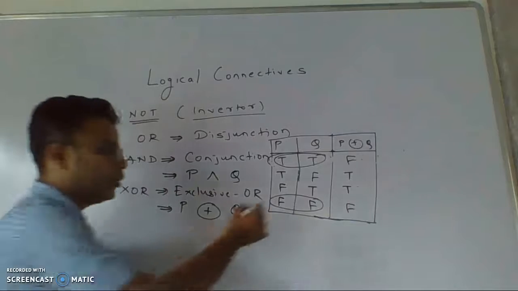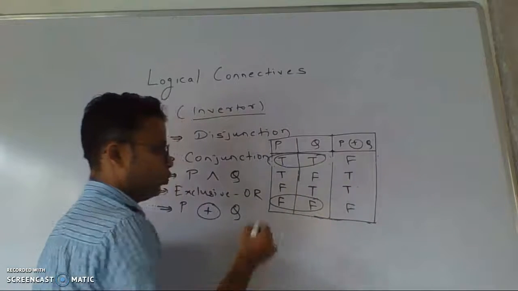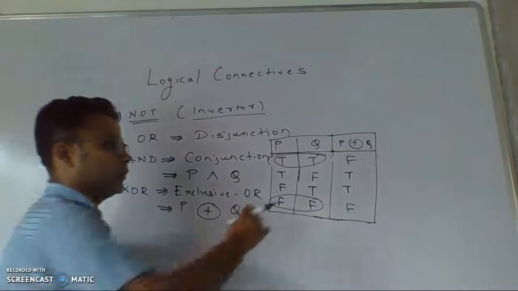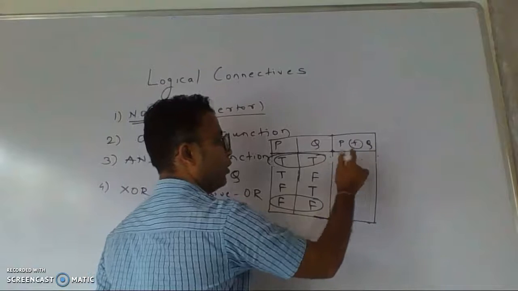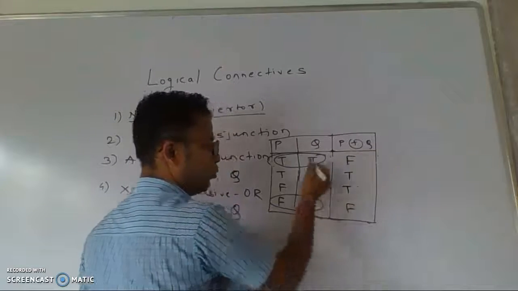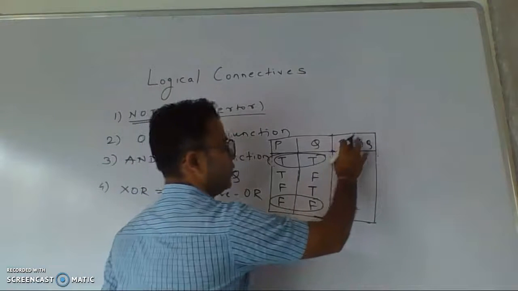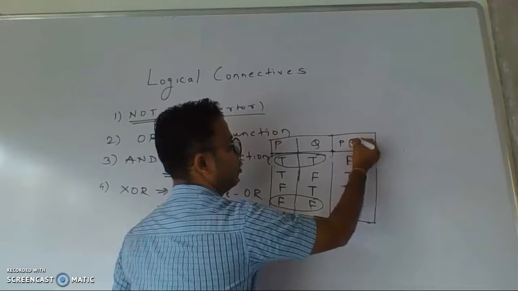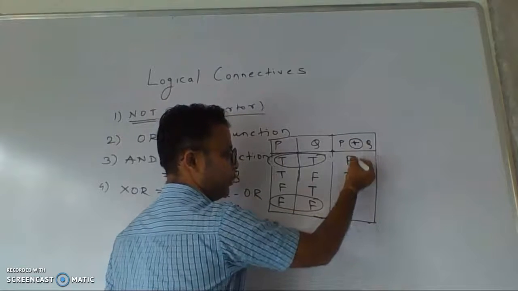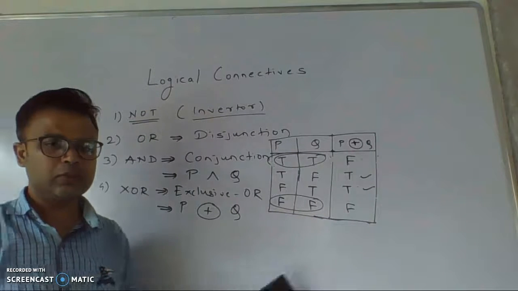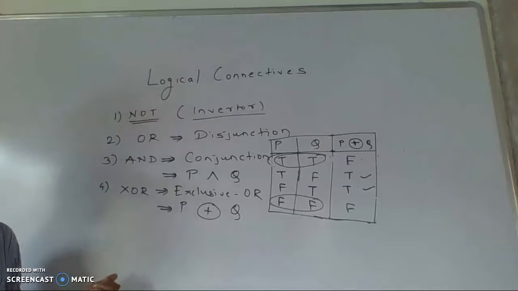See, one true, one false, that's why it is true. One false, one true, that's why it is true, otherwise it is false. So P XOR Q is false whenever both the values are the same. Otherwise it is true. Got it? So this is about your XOR. Very simple topic. All you need to do is to remember this.